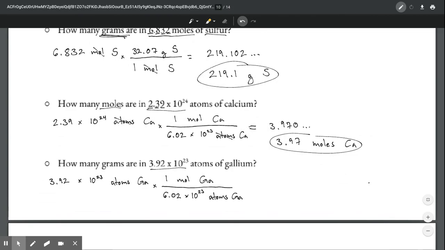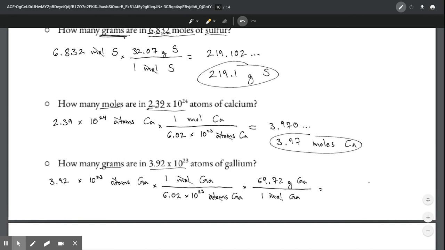And so atoms are going to cancel out, but we still are at moles and we need grams. And so then we know, according to our periodic table, that for every mole of gallium, we have 69.72 grams of gallium. And then atoms and atoms cancel out, moles and moles cancel out, and we're left with grams, which is what our question is asking for.